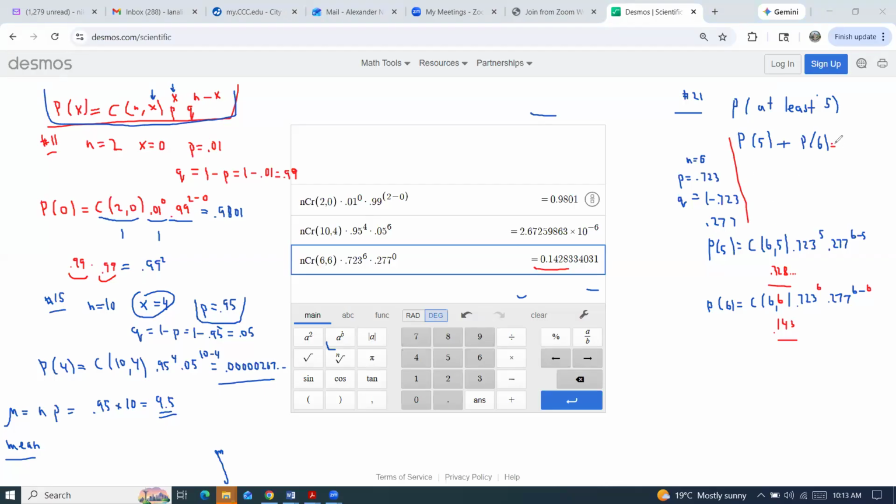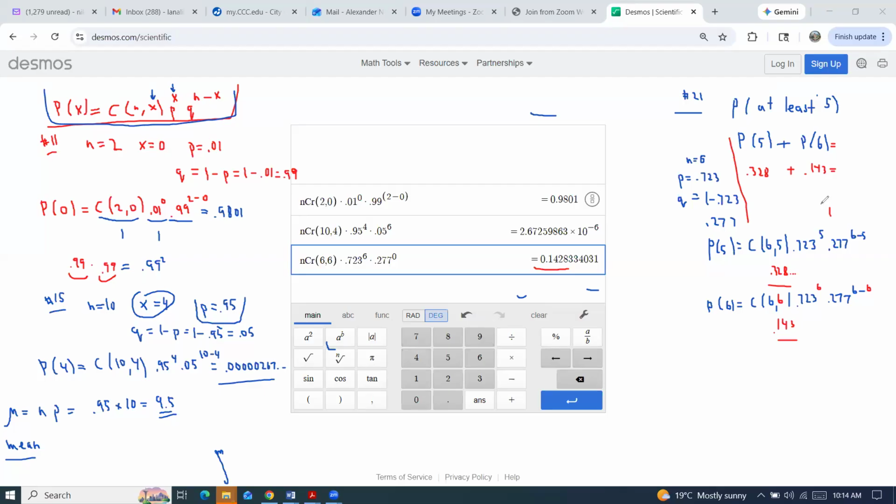And now I'm gonna get the answer. So now I'm gonna need to add this P(5), 0.328, right? And then the other value, which is for 6, which is 0.143. So we can add the numbers and approximately see what the result is going to be.